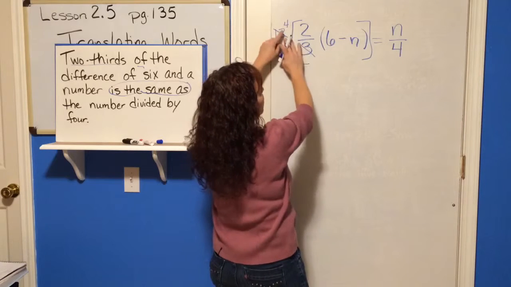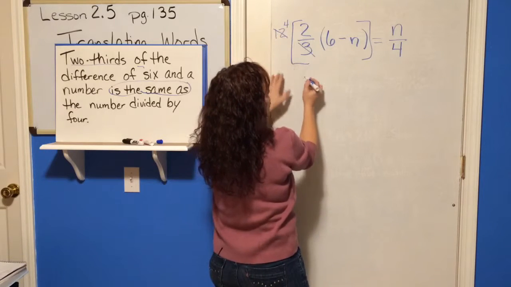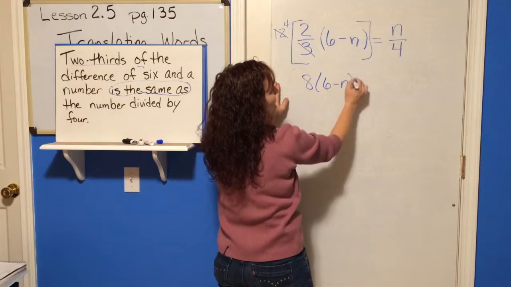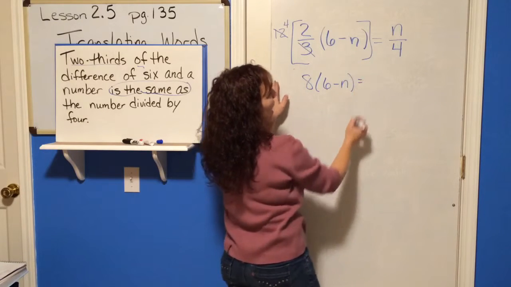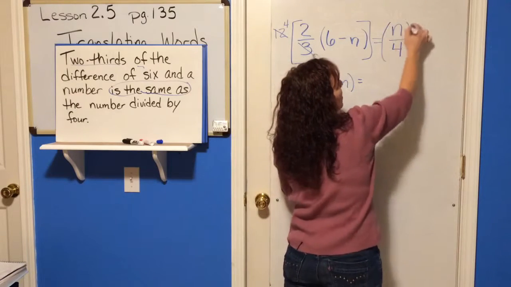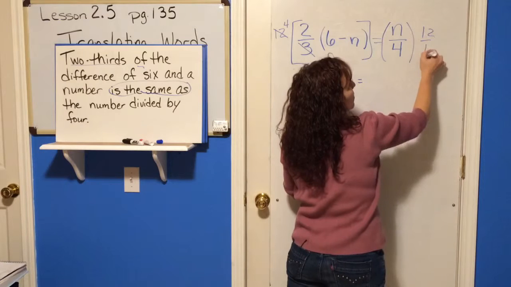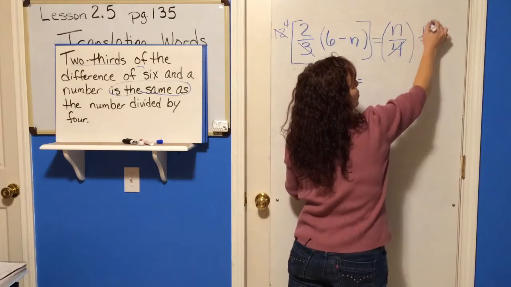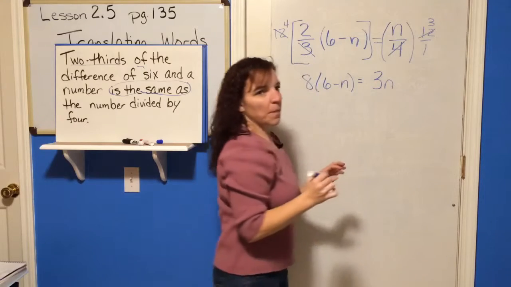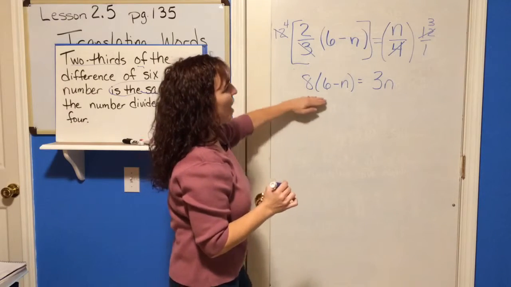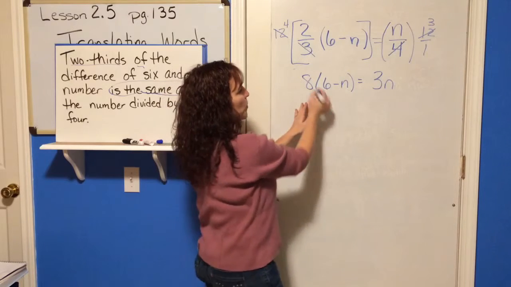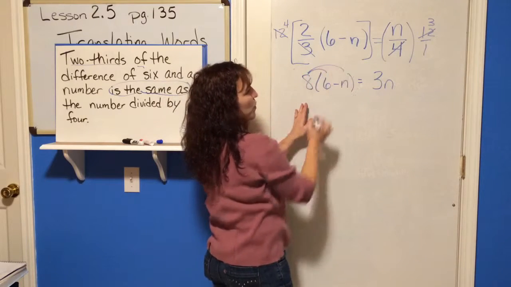So we've multiplied it through, so now this becomes 2 times 4, now it becomes 8 times the quantity of 6 minus n. And now we have to multiply by that 12 on the other side of the equation. So that reduces down to just 3n. And so now this is an equation that's simple. You've got to multiply your 8 through.